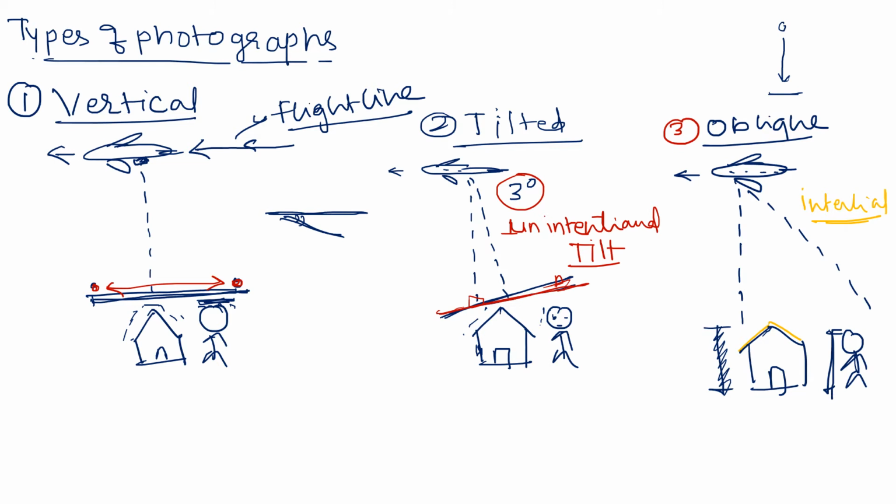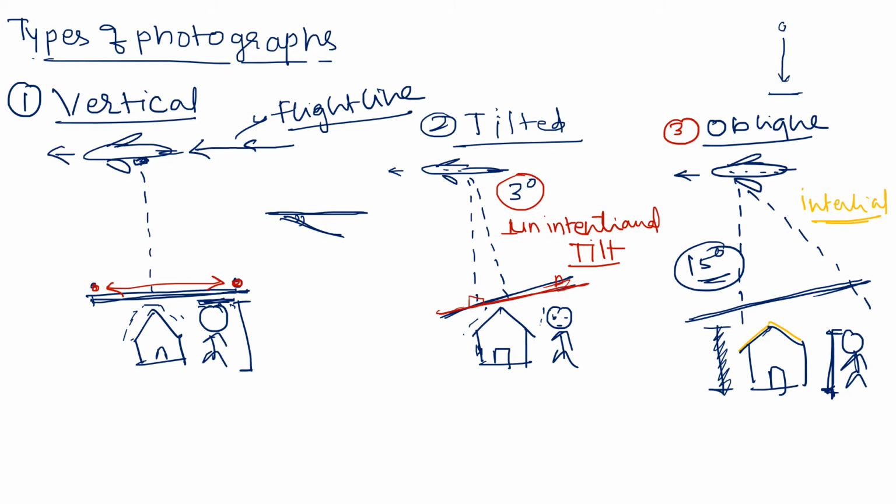With the earlier photograph, I would not be able to find out the height of the human being, but here I can, because the photograph is a bit tilted. The tilt is on the higher side. This tilt can be close to 15 degrees or less than that.